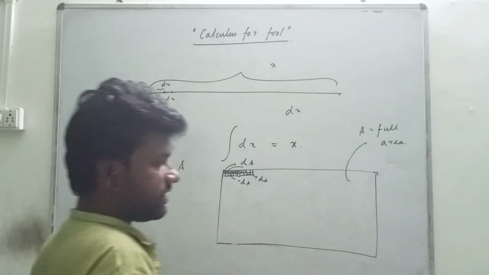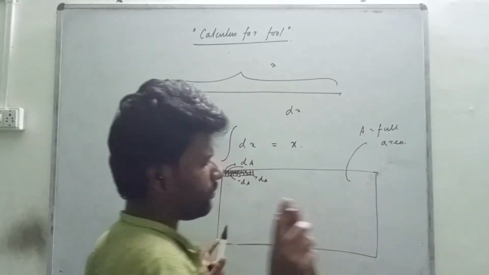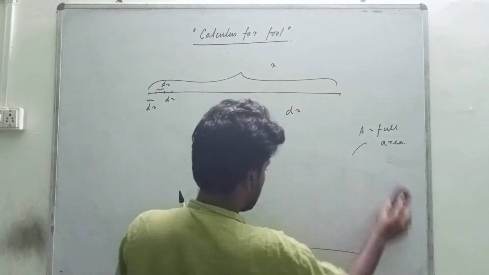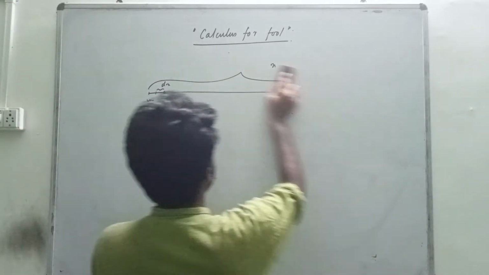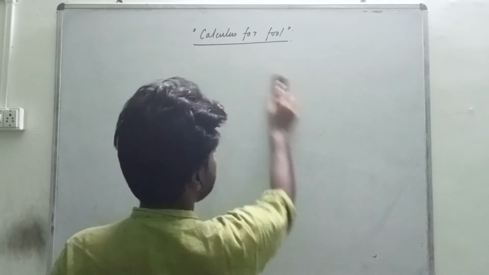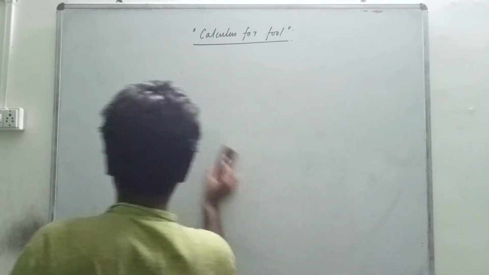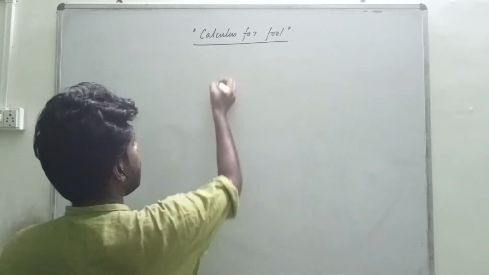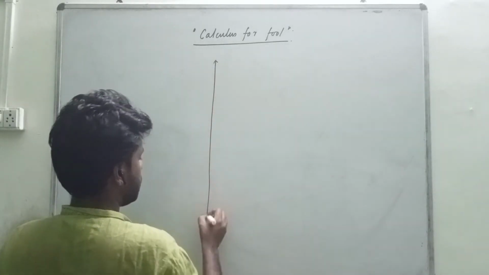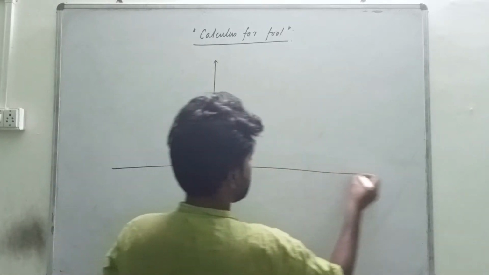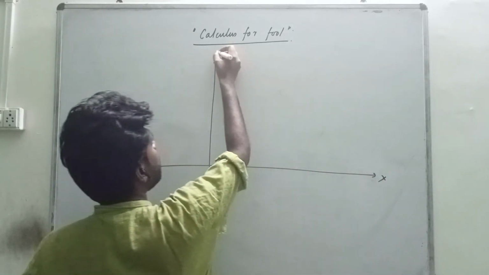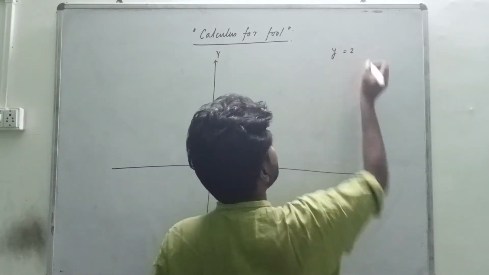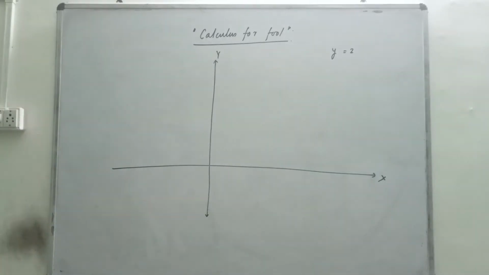Now, in our previous lecture, probably part 3, I had introduced to you a graph, slope and the graph, etc. I introduced a coordinate system. There is an x coordinate here, a y coordinate here, and if y equals 2, then all of you know the graph of this.